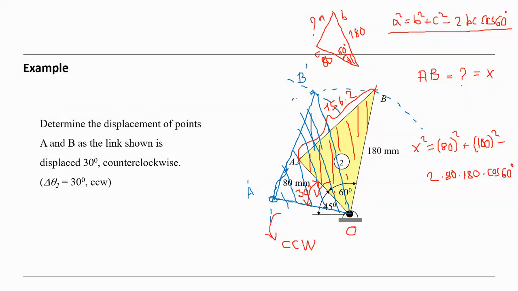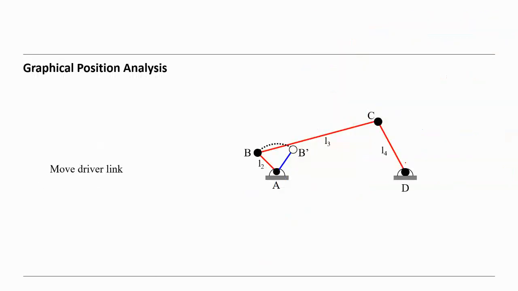Then using our compass we can easily draw. So this was the analytical way of calculating the new positions, and here is the graphical way to find the position.